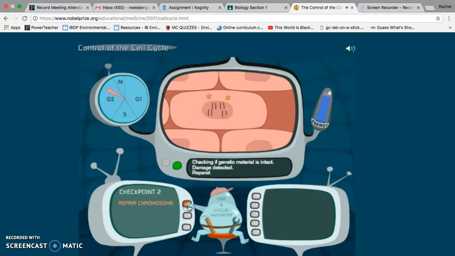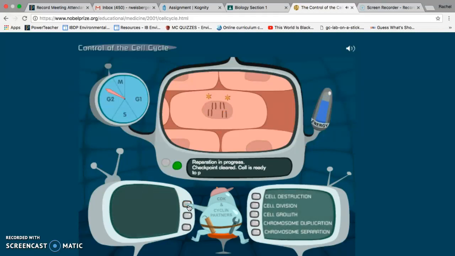So now we have to try to repair it. That's the point of scanning. We scan just to make sure that if there are errors, they're repaired at the correct point in time. Now we see everything is normal after we repaired the genetic information on the one sister chromatid. And now we're entering our next phase.